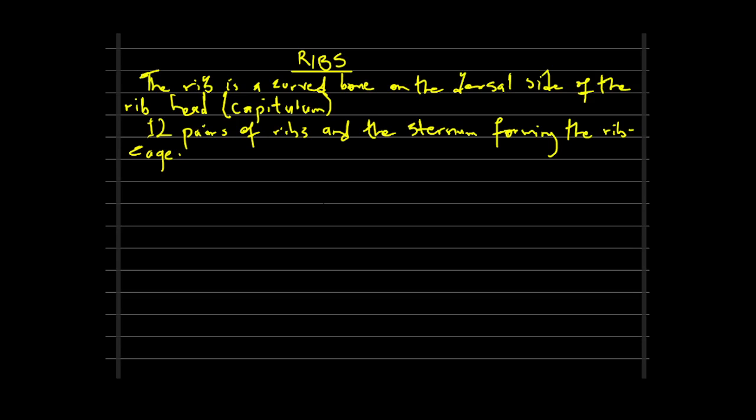On the right we have 12, on the left we have 12, and then they articulate to the front of the body where they attach themselves to the sternum with the help of some cartilages, and that attachment is seen on the sternum.